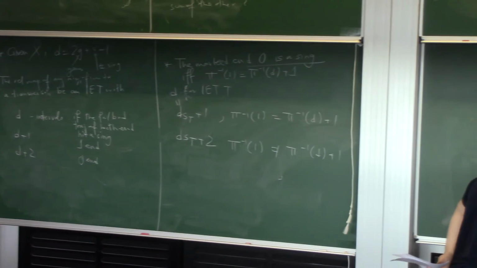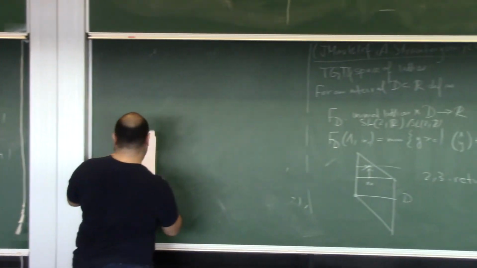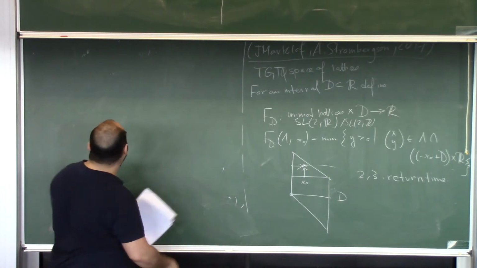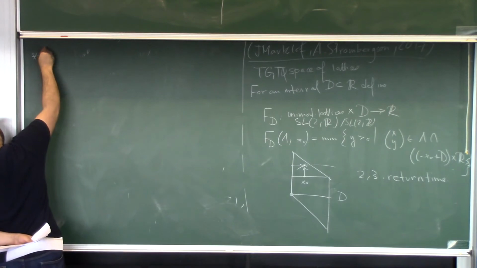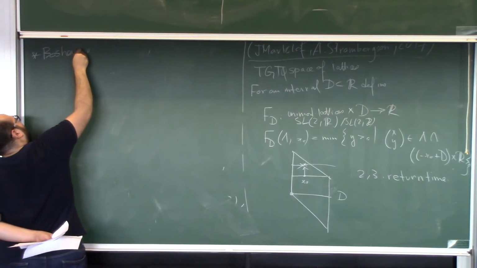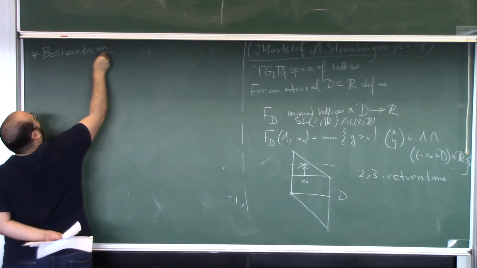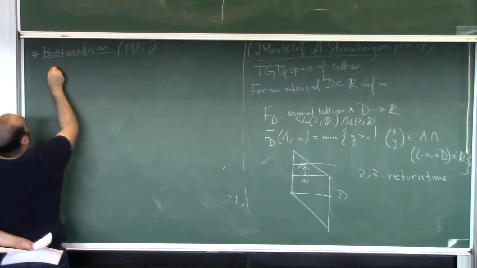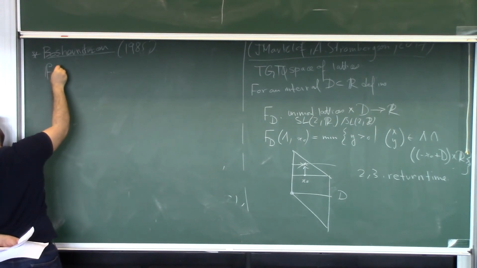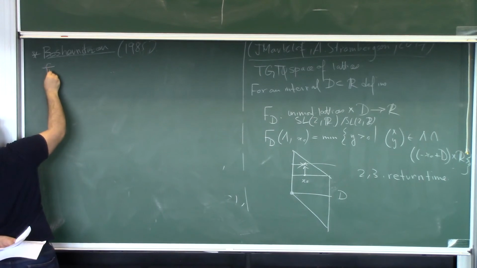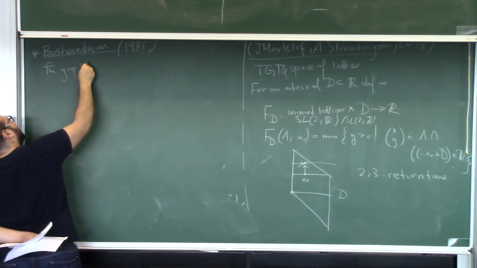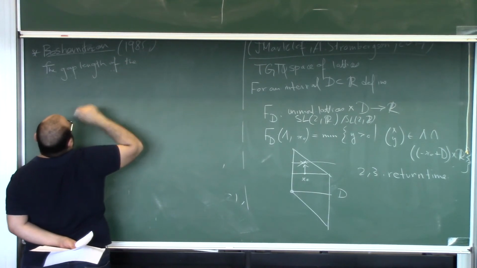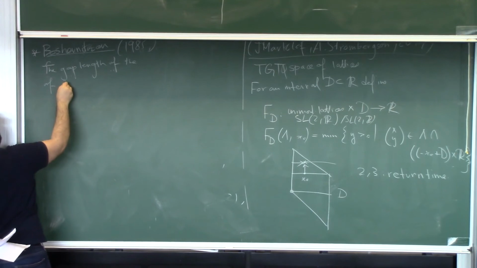So Boshernitzan said, I think that was 1985, that the gap lengths of the image developed by all the discontinuities.